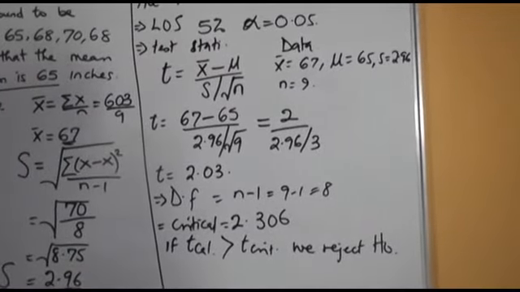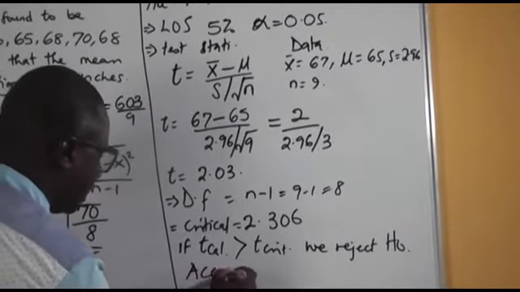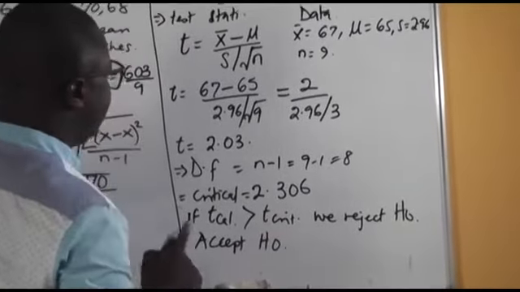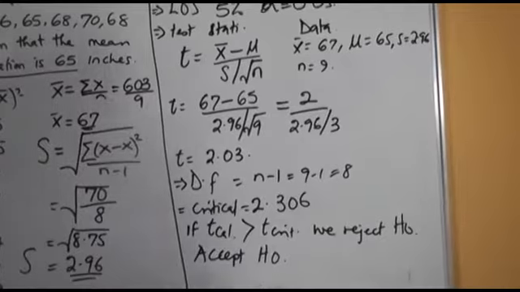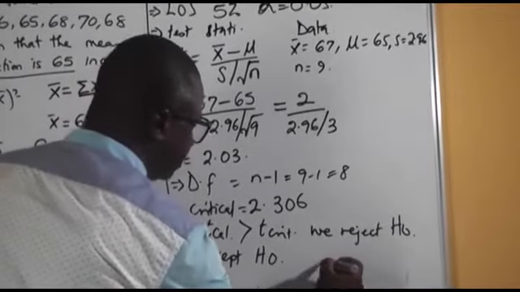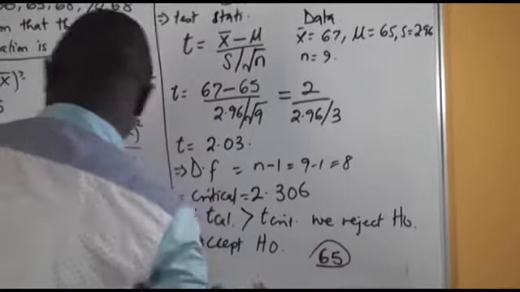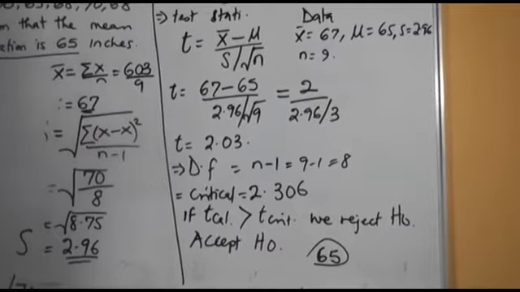So what does it mean? It means that we are going to accept our H0. That means the population mean of the universe is 65.